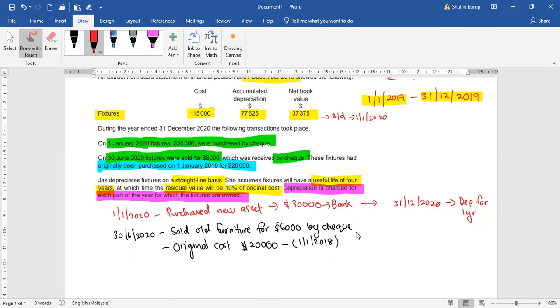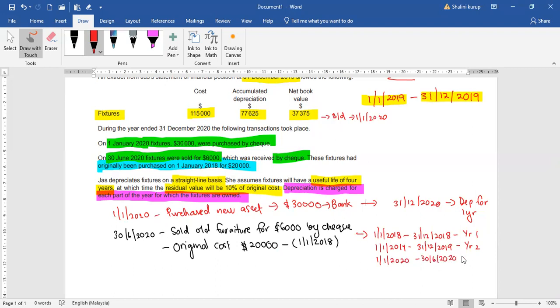Whereas for this asset, you must understand that they bought it on 1st January 2018 up to 31st December 2018. This is year 1 of your depreciation. Year 2 will obviously be 1st January 2019 to 31st December 2019. Next, you are using this asset up to 30th June 2020.